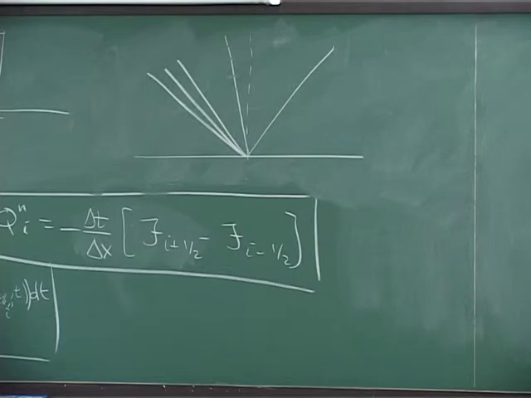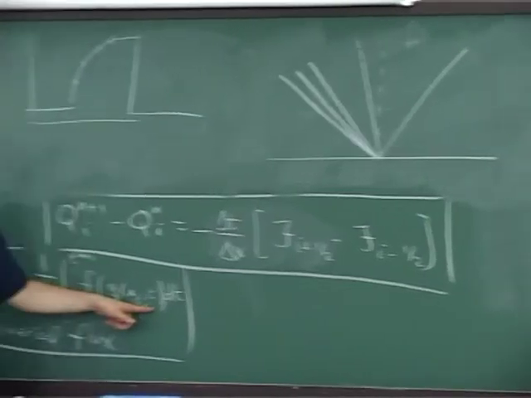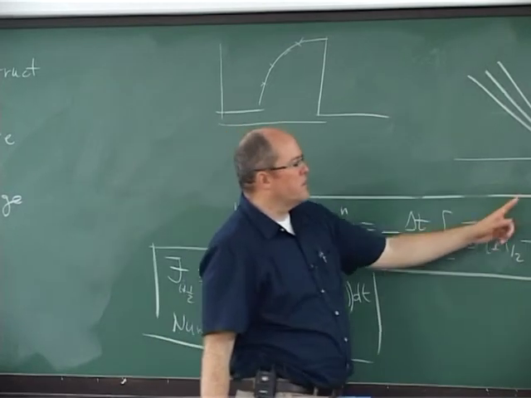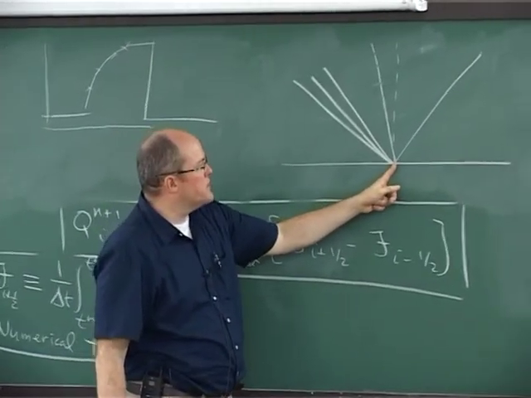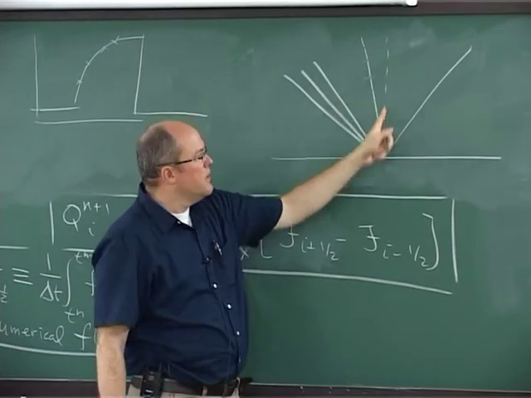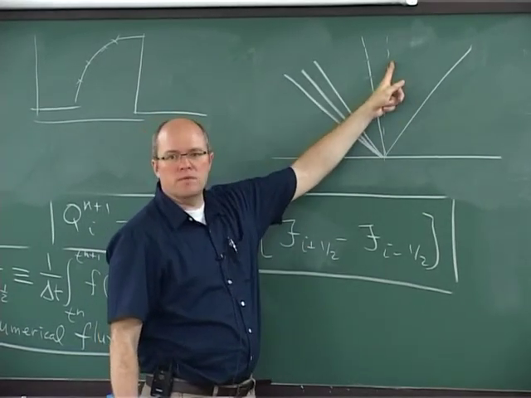Now remember that this integral is done at the interface, right? And it's an integral in time. If I look at the characteristic that comes from the interface and stays at precisely the same value in x, that's the dashed line that I've drawn here that goes vertically upwards.